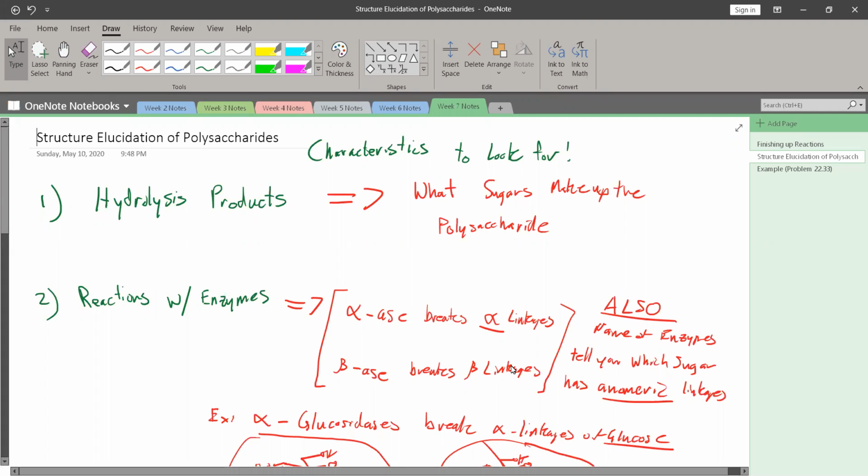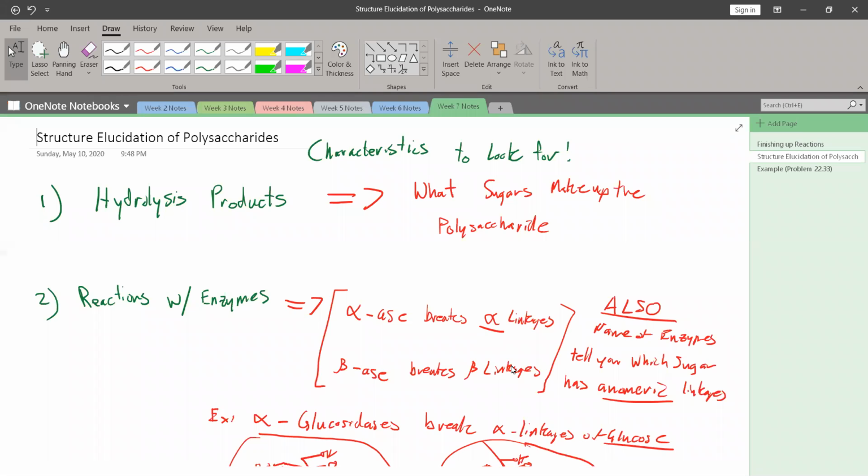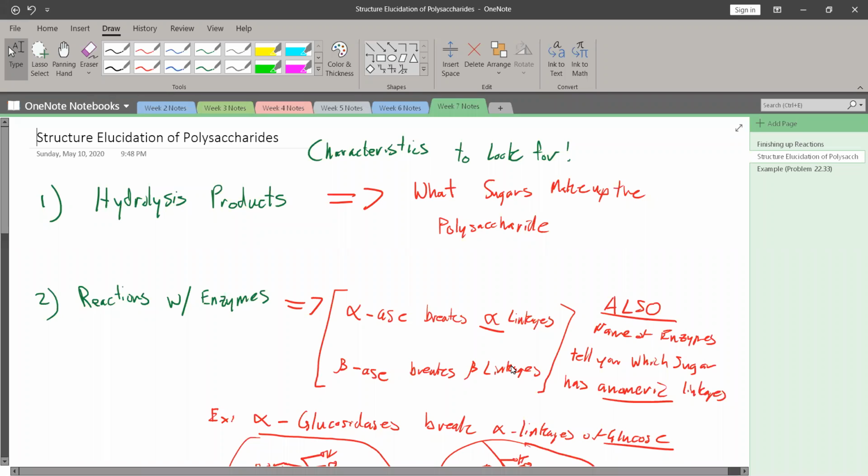In terms of what we want to look for, there are generally 4 characteristics that we want to look for when we look at our molecules. The first one is our hydrolysis product. Hydrolysis just tells us what sugars make up the polysaccharide. I could have a sugar with fructose and mannose and galactose, or only glucose, or mannose and galactose, and all of these different combinations.